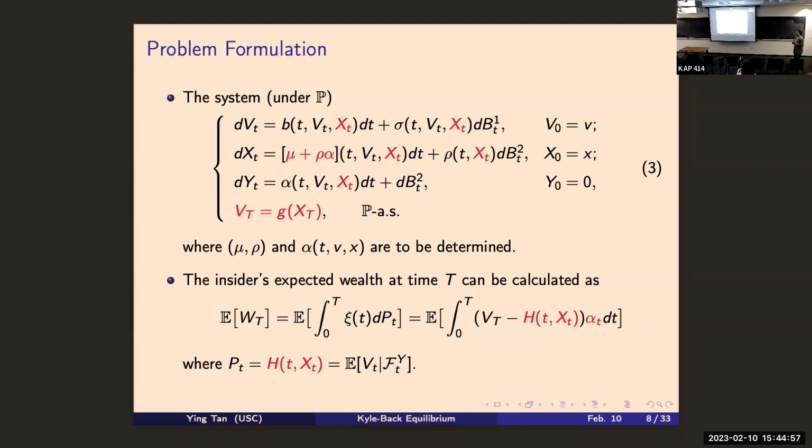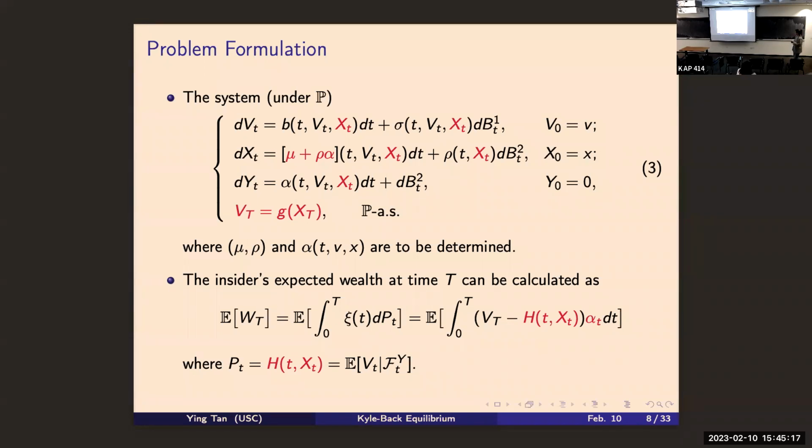But who are we? Is it the market maker? You say we can choose mu and rho. Are we the players, the investors, or the researcher, the mathematician?